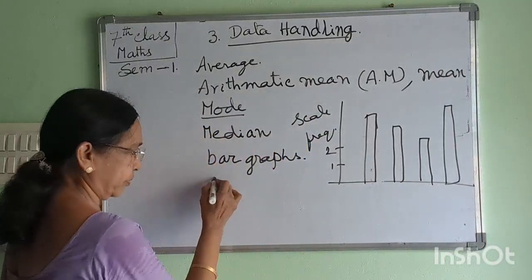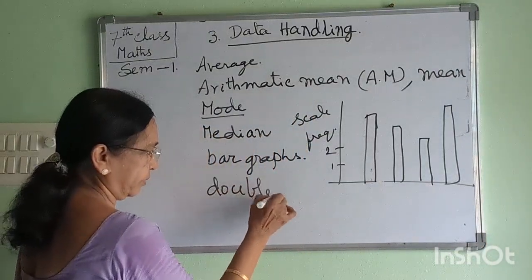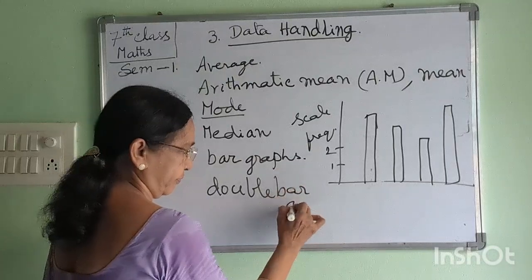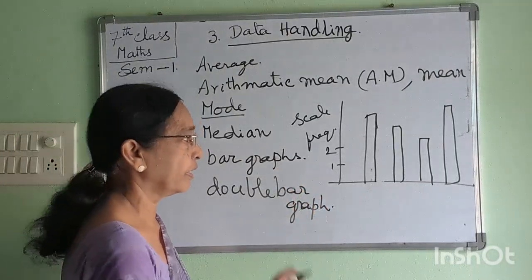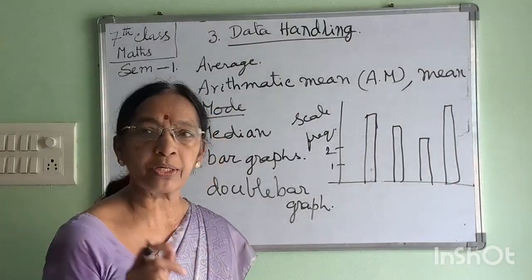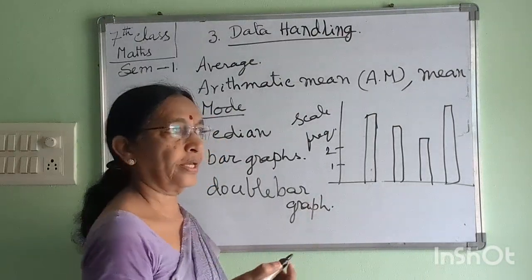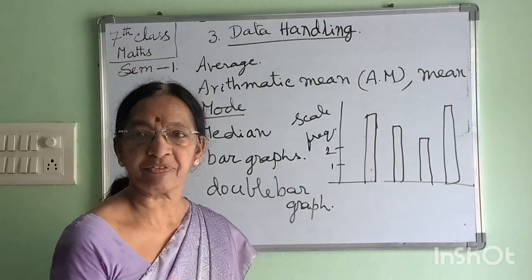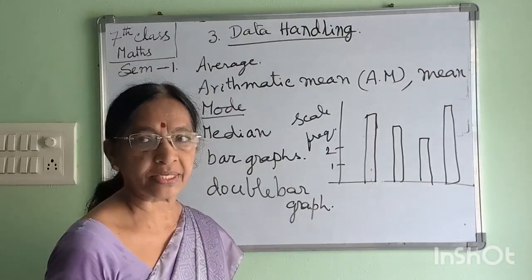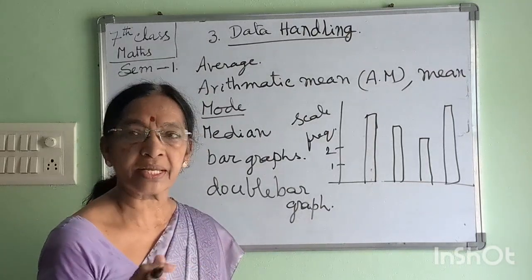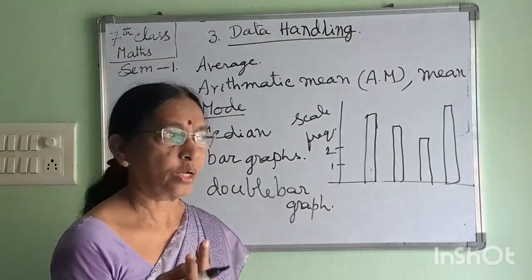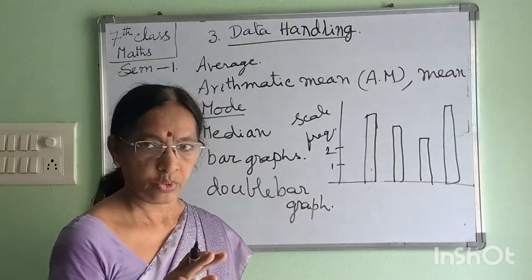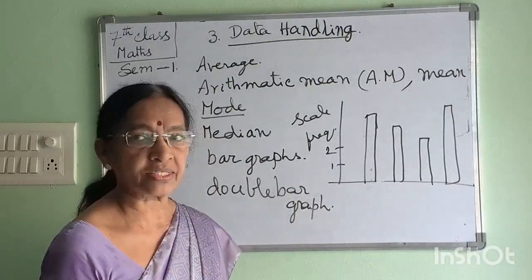Next, double bar graph. Generally it is drawn to compare two things, such as the rain during different months in two places, or the marks attained by a student in two terms, or marks attained by two students in different subjects.